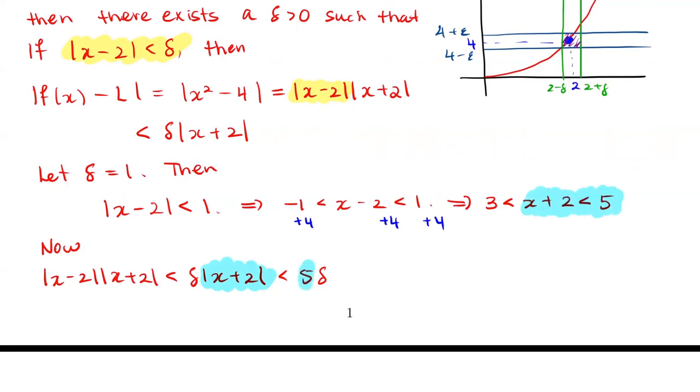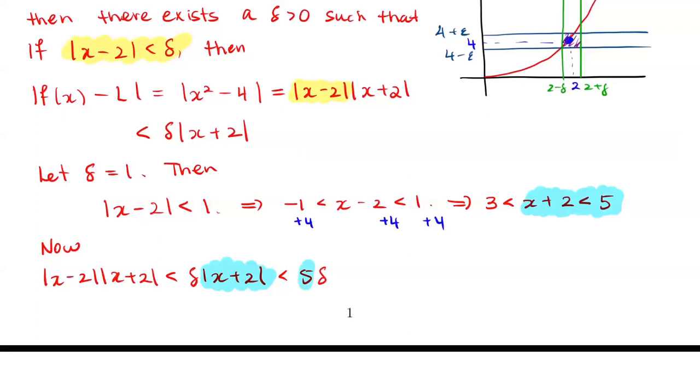Okay, so what the thing with delta is that we could always choose more than one delta here. There's a second delta that we could choose, because the end goal is to show that this is equal to epsilon, right?